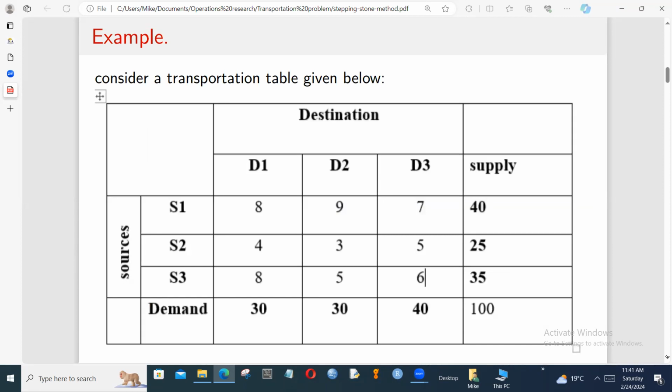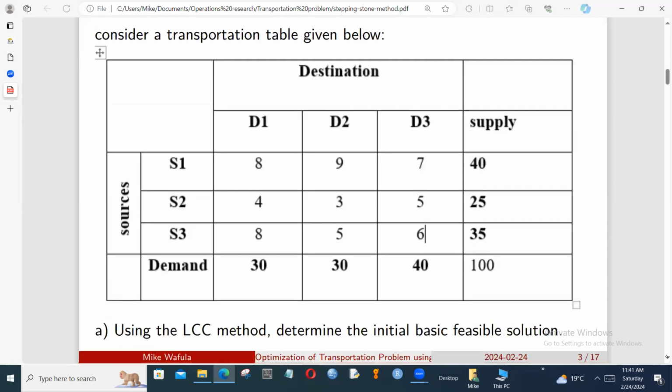I wish that we have an example where we begin from the very initial step of determining, first of all, the initial basic feasible solution, before we get to the second stage of optimizing that solution using the stepping stone method. So suppose we have a transportation table given.